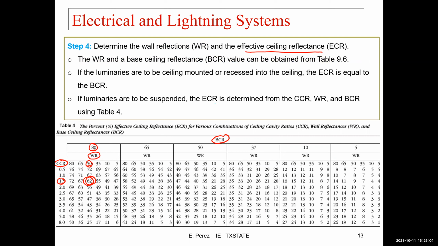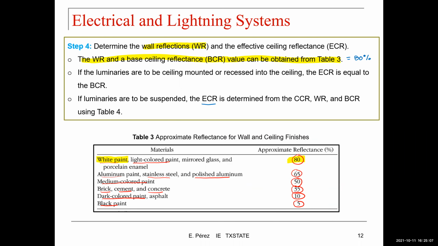But in this problem, the luminaries are ceiling mounted. So the ECR is equal to the BCR, which means that the BCR in this problem is also equal to the ECR for example 1.